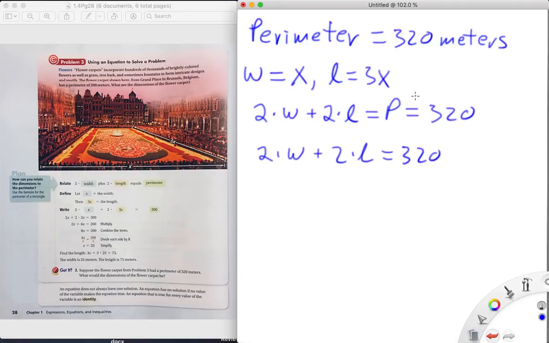So we've done a few things here, right? We've done some substitutions. We substituted 320 for the perimeter in the perimeter equation. Now we're going to use substitution again, and we're going to substitute x for w, and 3x for L, for the length.